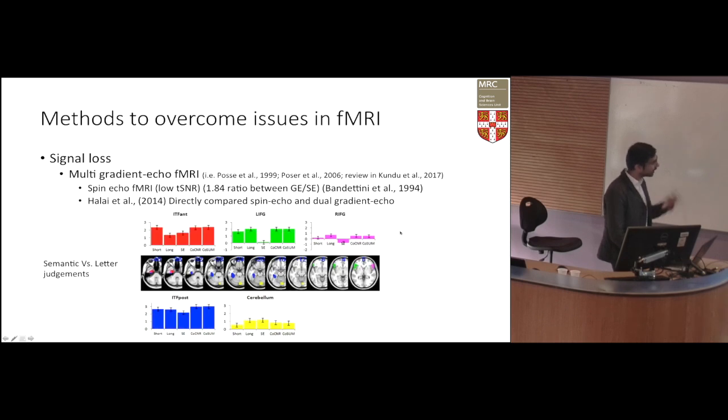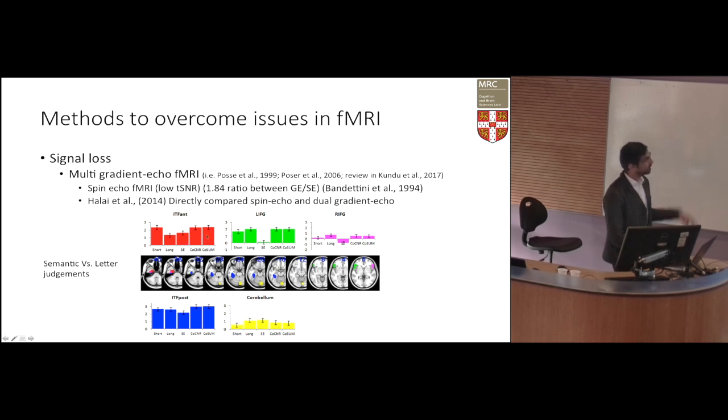It's quite a complicated slide, but just to show you, this is semantic versus letter judgments. And these are just different ROIs in the brain. But this all plays out at whole brain as well, but this is just to show you what the signal looks like at each of these areas. So this is the inferior temporal fusiform area, and these 2 bars on the right are just the combination of these 2 dual echoes, and this middle bar is a spin echo.